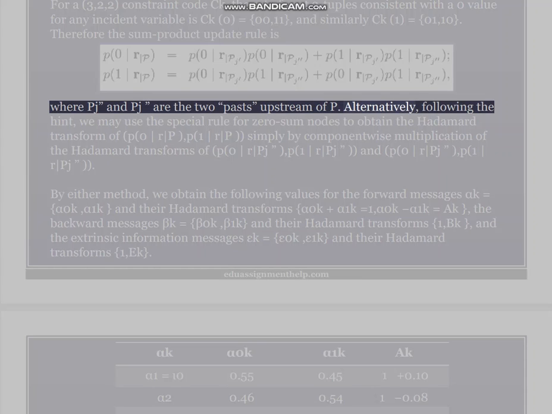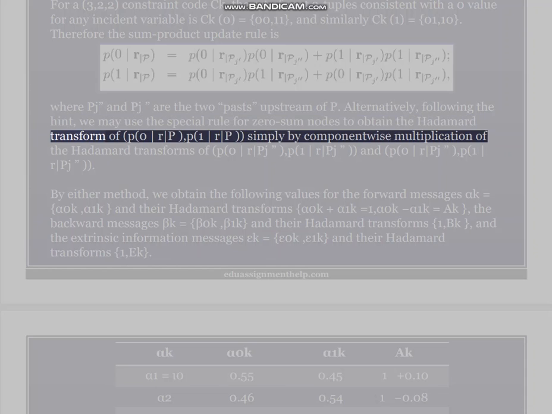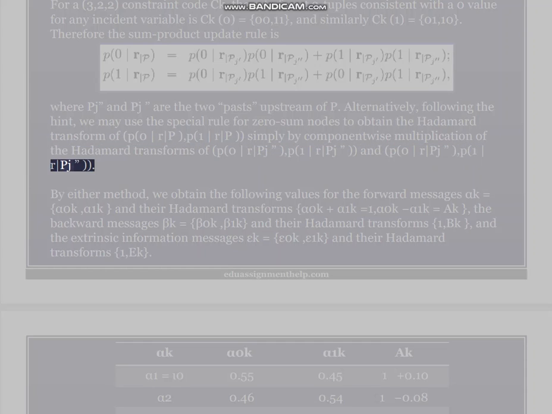Alternatively, following the hint, we may use the special rule for zero-sum nodes to obtain the Hadamard transform of the output message simply by component-wise multiplication of the Hadamard transforms of the two input messages.